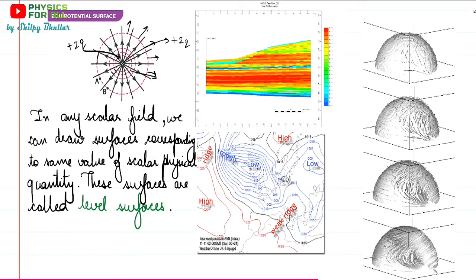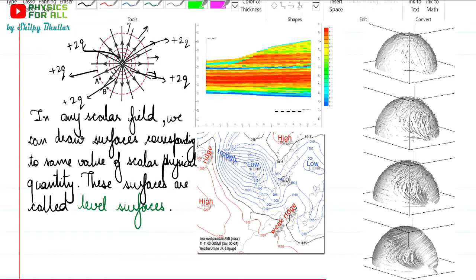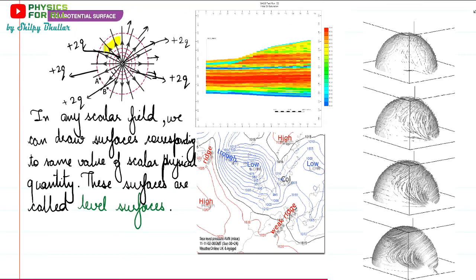Then at this point also plus 2q, at this point also plus 2q, at this point also plus 2q. So everywhere, we have drawn surfaces. We had just this particular positive charge and we knew that up to this outermost circle, this entire region, if I just highlight it, is the field of this charge. This is a scalar field.